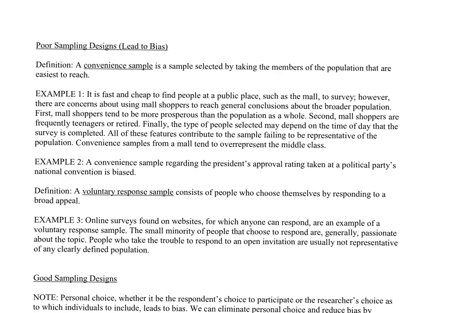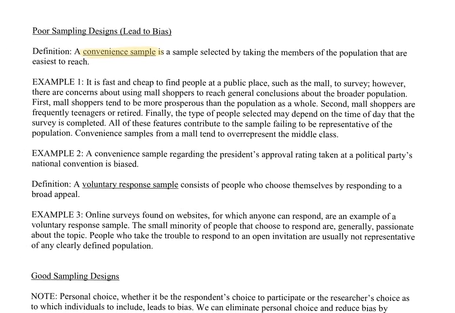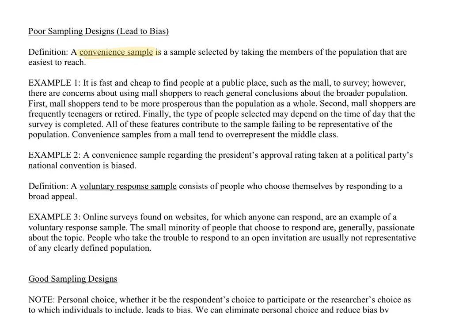A convenient sample is a sample selected by taking the members of the population that are easiest to reach. So, for example, it's fast and cheap to find people at a public place, such as the mall, to survey.